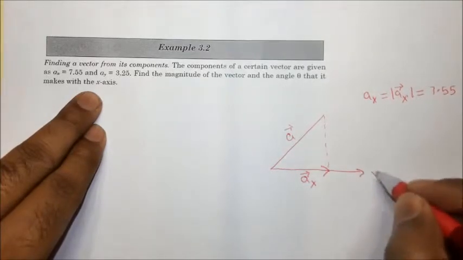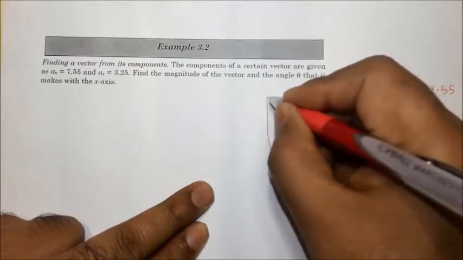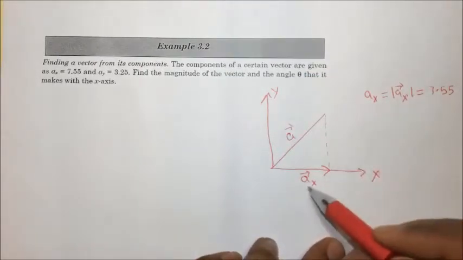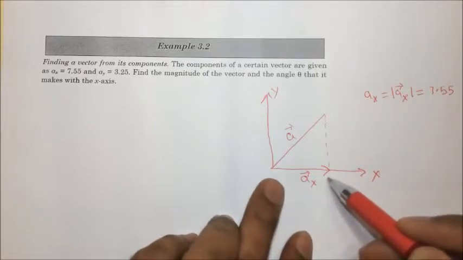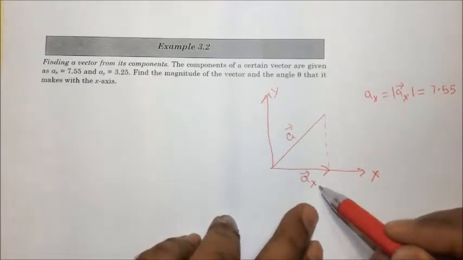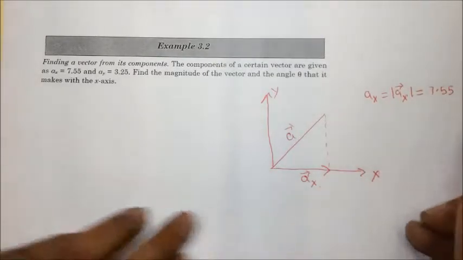So this is your x-axis, this is your y-axis. The magnitude of vector Ax, that is the x component of vector A, is given as 7.55.